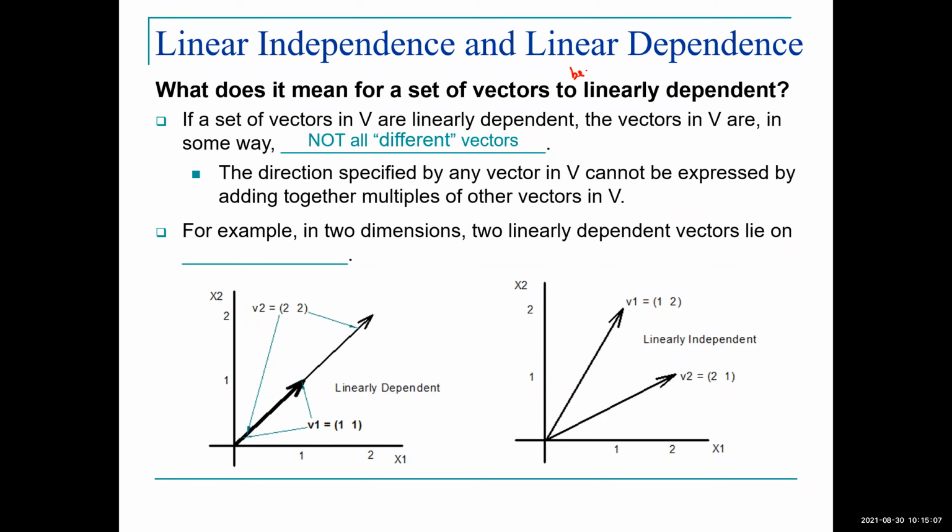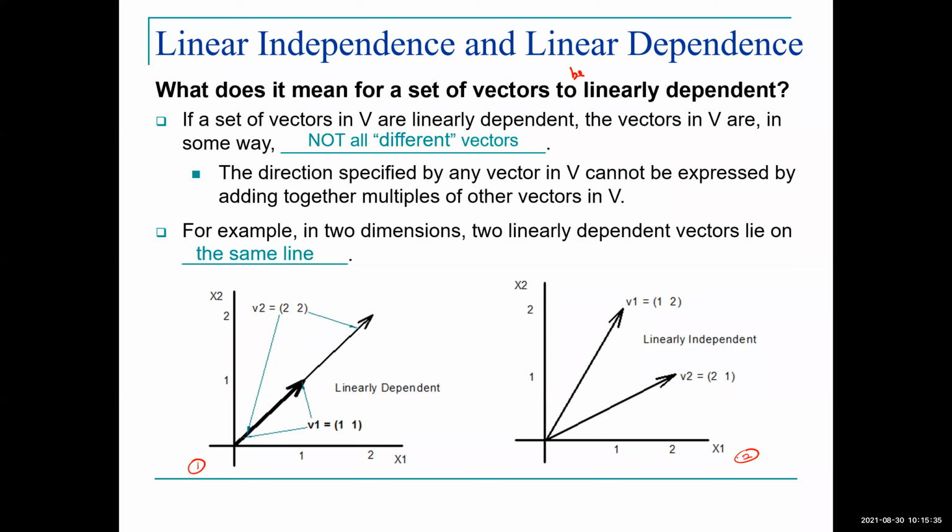So for example, in 2 dimensions, 2 linearly dependent vectors lie on the same line. You can see that in the first graph on your left, those are 2 vectors that are linearly dependent. They have the same direction. On the right-hand side, or figure number 2, you have 2 linearly independent vectors.